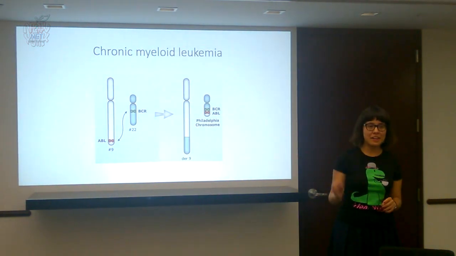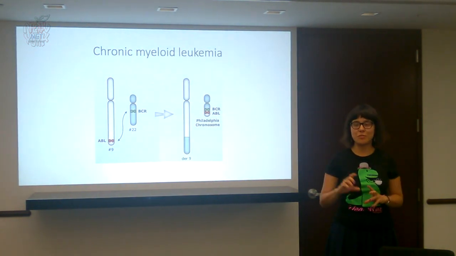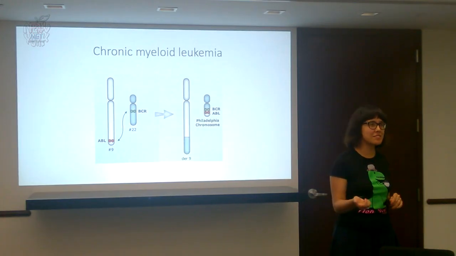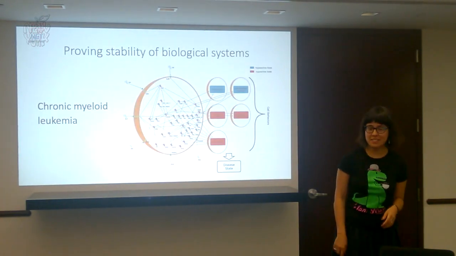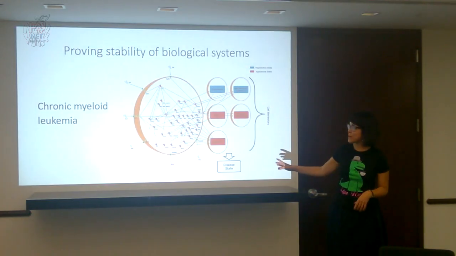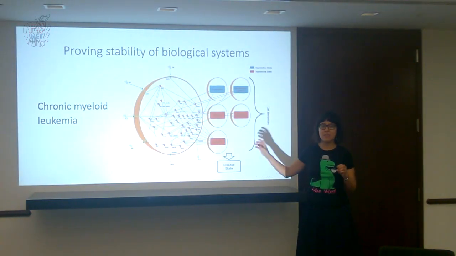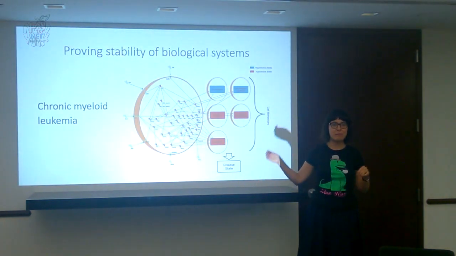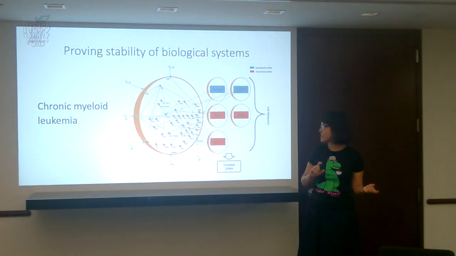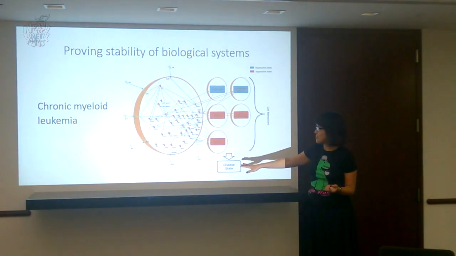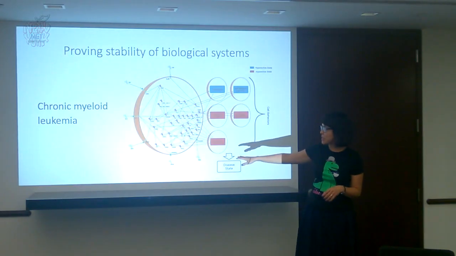So it's very nice from a system point of view because it has a very clear starting point. And this is a model they came up with. They collected a lot of information from literature about known interactions between proteins and genes and receptors. And they came up with a model for this type of leukemia.